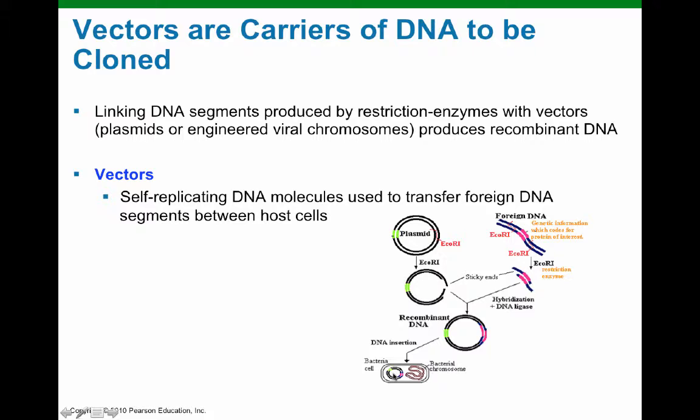And the way in which we can actually select for cells to keep that plasmid is you can put a selective marker on it. So for example, we could actually put an ampicillin resistance gene onto this plasmid, and we could grow bacterial cells on plates that have ampicillin.